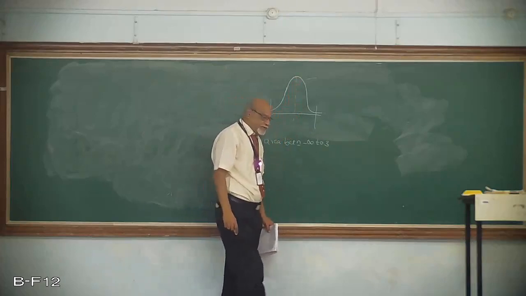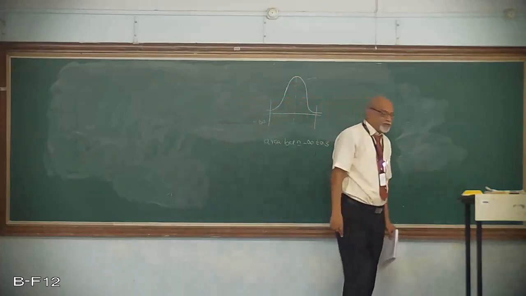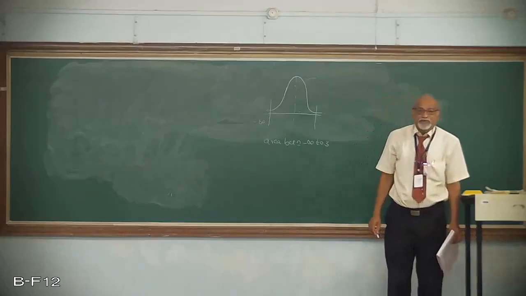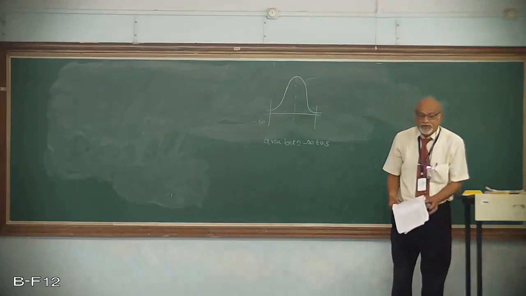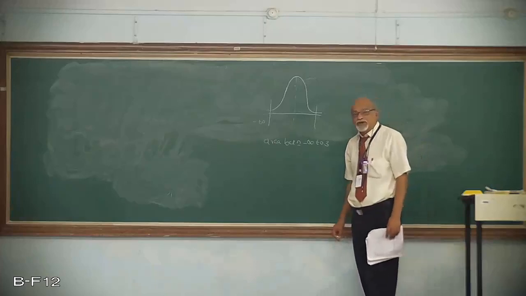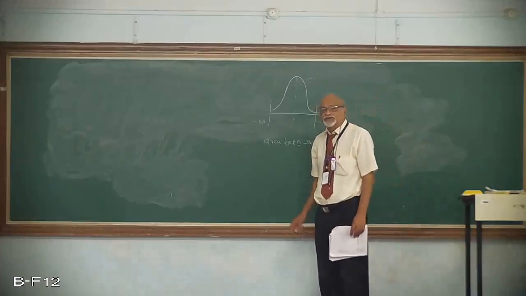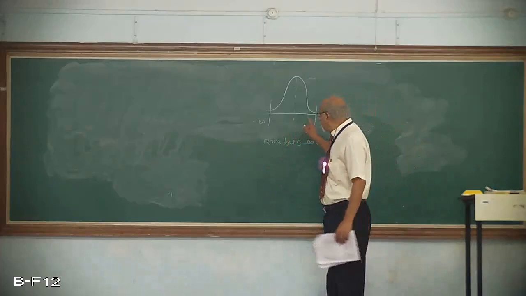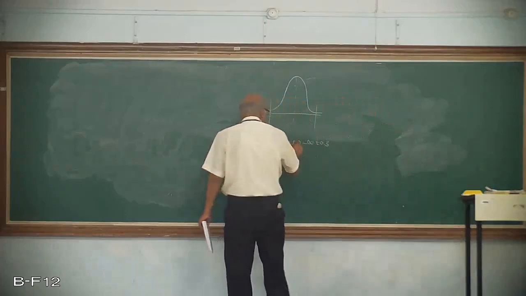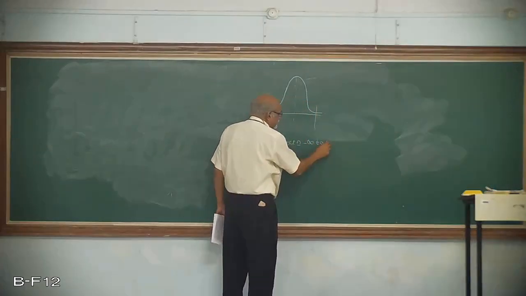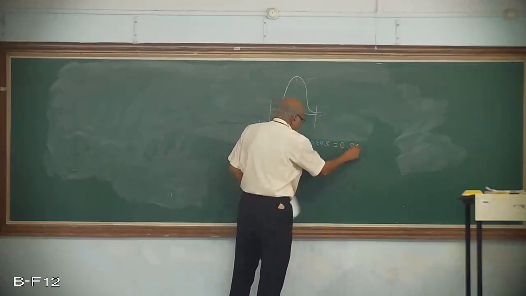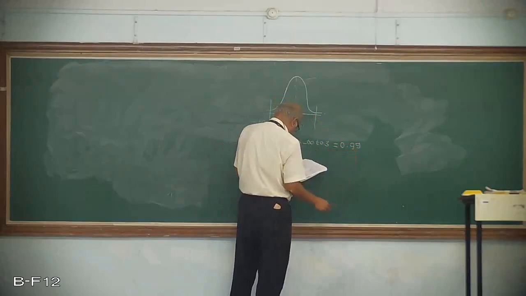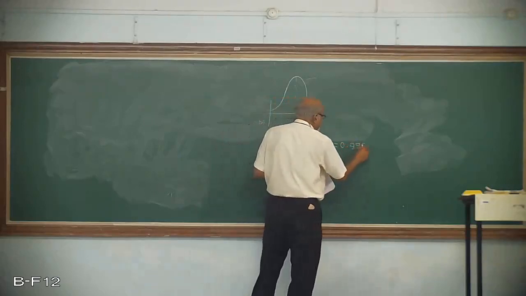Standard normal table means the Z value has mean 0 and the dispersion, or standard deviation, is 1. That is why we call it the standard normal table. Under these circumstances, the area between minus infinity and Z equal to 3 works out to be 0.99865.